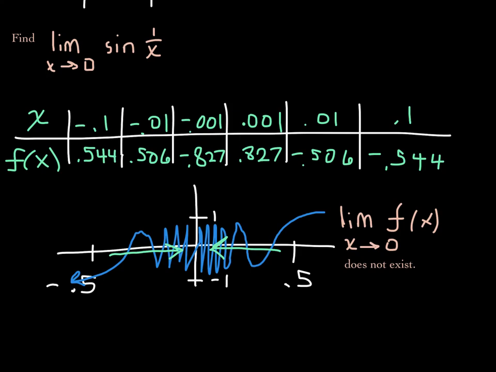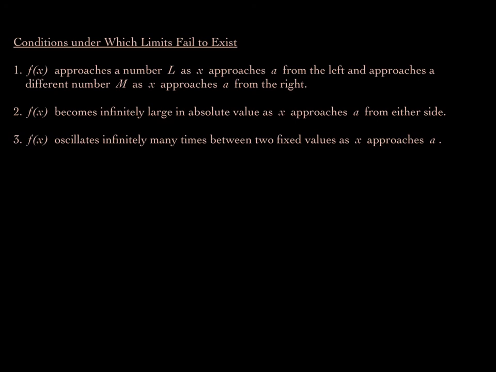And now I would like to list some conditions under which the limit fails to exist. I want you to reference the last 3 examples that we just went through. So here's our conclusion. These are some conditions under which a limit fails to exist.